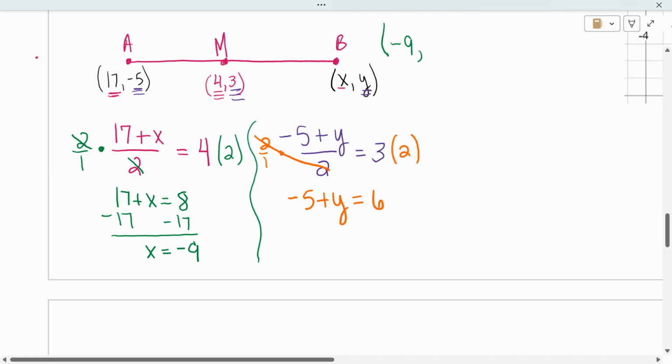How do I want to get y all by itself? Add the 5. Good job, you guys. So the y-coordinate is 11. So the ordered pair for the endpoint B, well, that's going to be -9, 11.